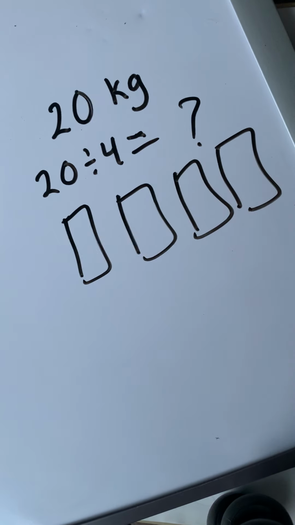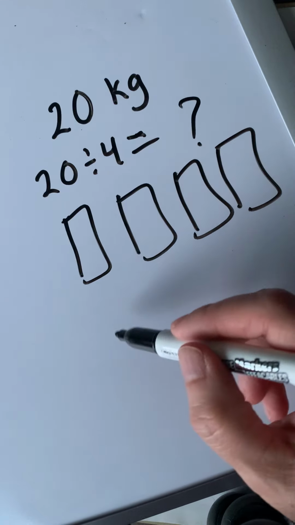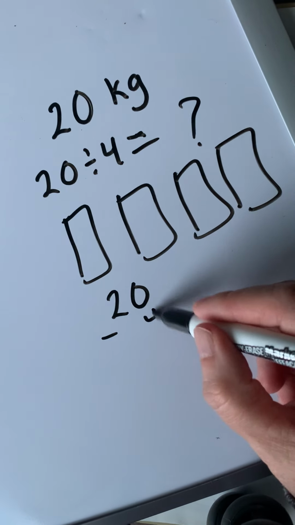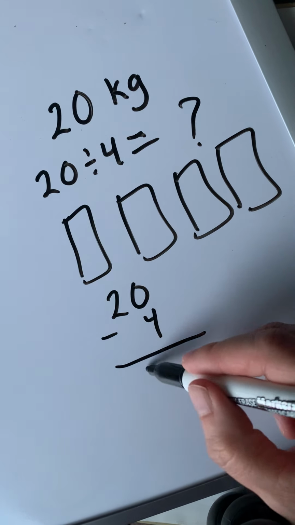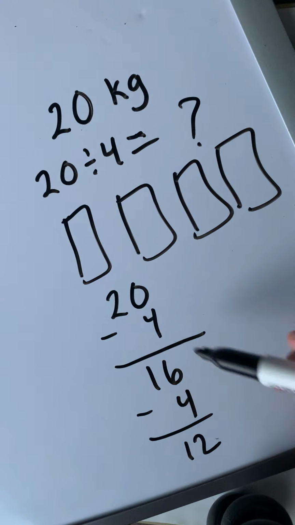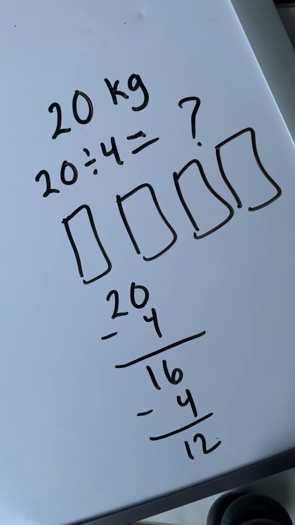Sort out 20 items into 4 groups, you'll get your answer. Or do repeated subtraction. 20 take away 4 equals 16. Take away 4 equals 12. How many times do you have to take away 4 before you get to 0? And that's how many 20 divided by 4 is. So there's 2 ways to figure it out.